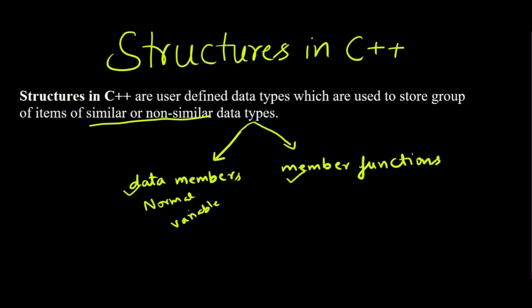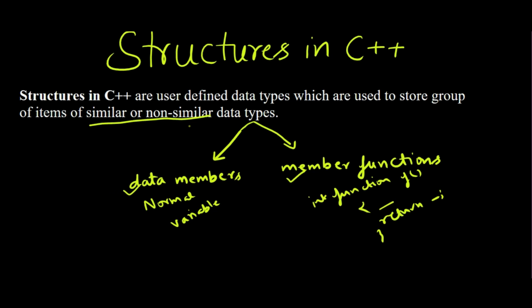Some function, say function f, can return something, or you can choose not to return anything. Data type int. So let's see one example.